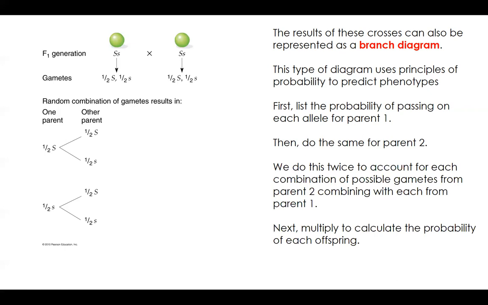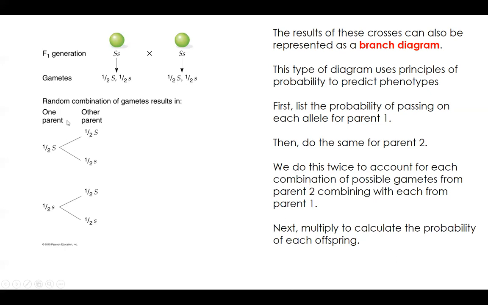Let's say I want to know the probability of getting a true breeding big S parent. Then I would expect that one parent has to give a dominant allele and the other parent needs to give its dominant allele.